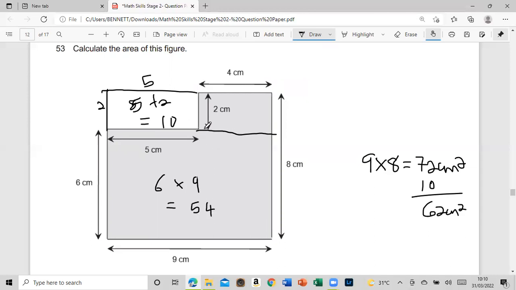And then we still need to find this part, which would be 4, right? That's our 4. And this is 2.